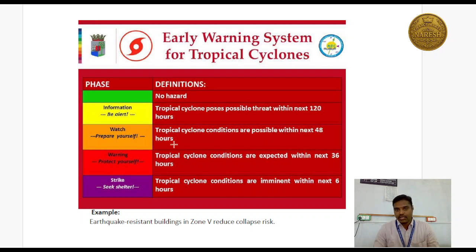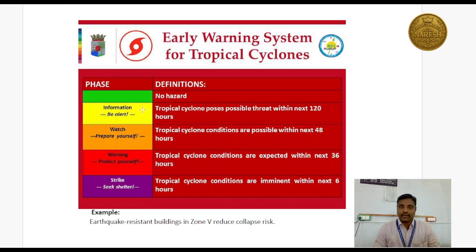When you talk about the red signal, you should protect yourself: tropical cyclone conditions are expected within the next 36 hours. Then the strike means the cyclone comes to the coastal areas: tropical cyclone conditions are imminent within the next 6 hours. So these are the signals and information that are given to the National Disaster Management Authority.